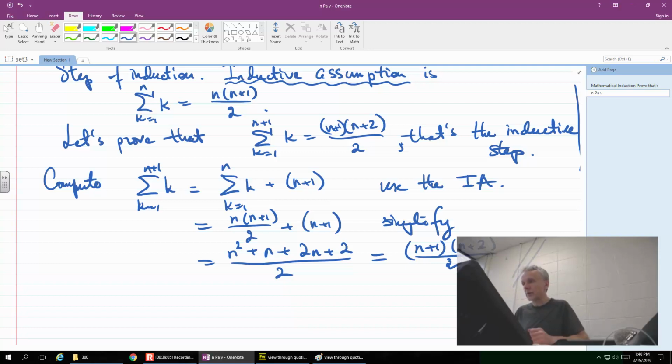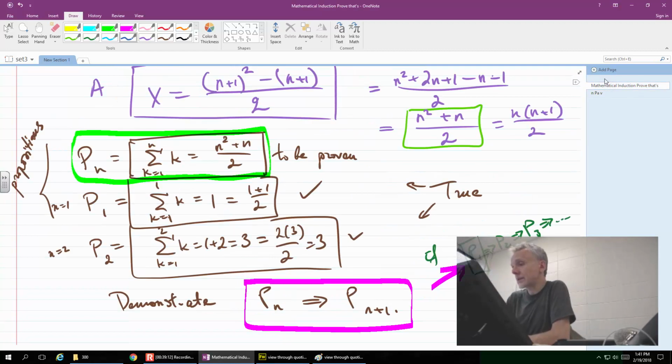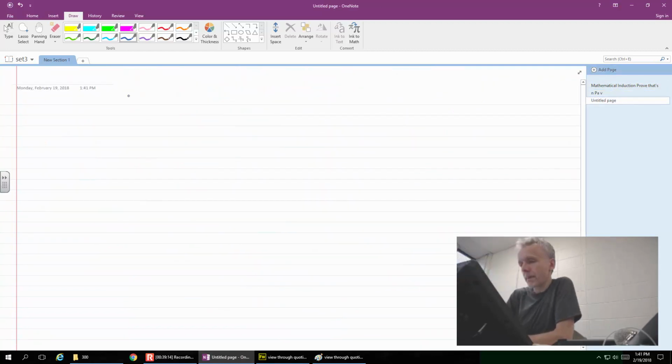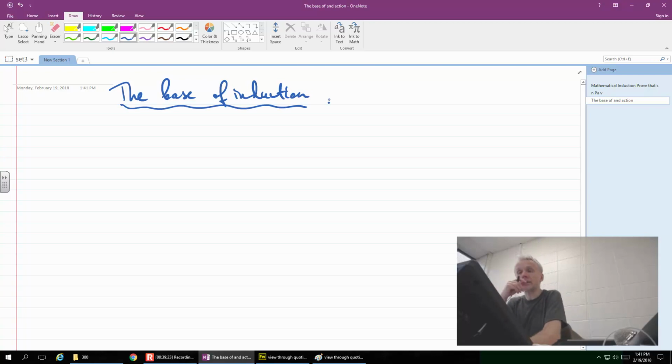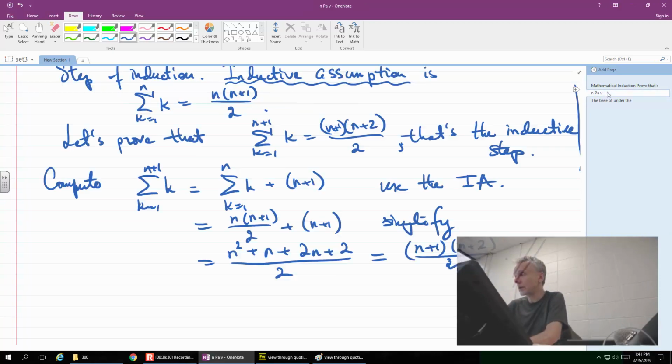One thing before we move on to more examples: I want to point out the importance of the base of induction. Sometimes it's so obvious that you might be tempted to skip over that part. As you can see, the inductive step is the hard part.